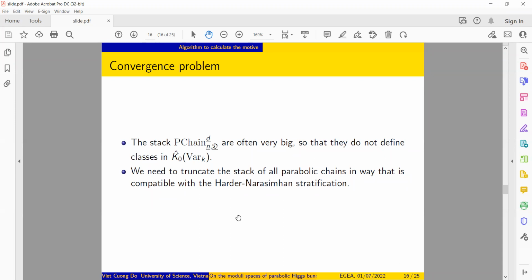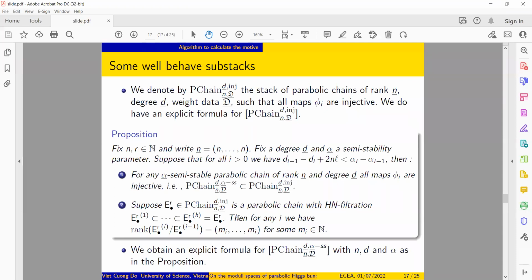Before I explain how we bypass this problem, I give you a very well-behaved moduli stack where we can do our calculation directly and don't have any convergence problem.